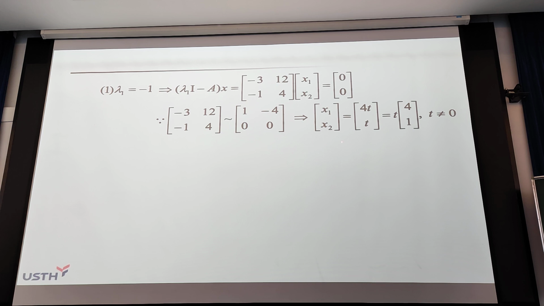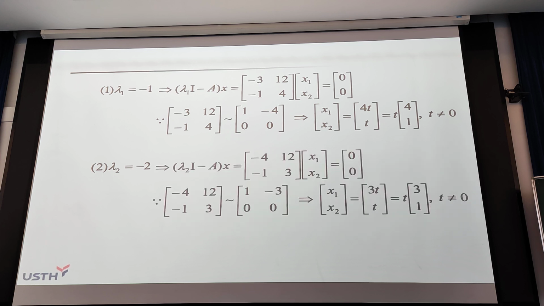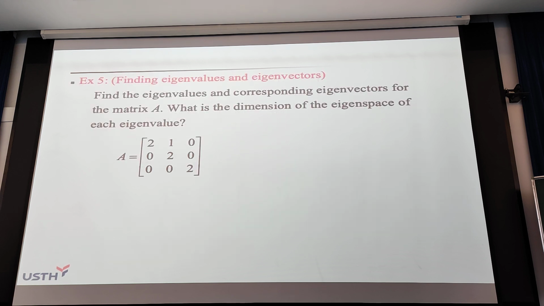Solving it, we get the solution set like that, and because an eigenvector must be non-zero, we always require that p is non-zero. Similarly, for lambda 2 equals minus 2, the eigenvector is found by solving the system, and again we require that p is non-zero. Anything here we studied already some weeks ago, and you can verify it again.